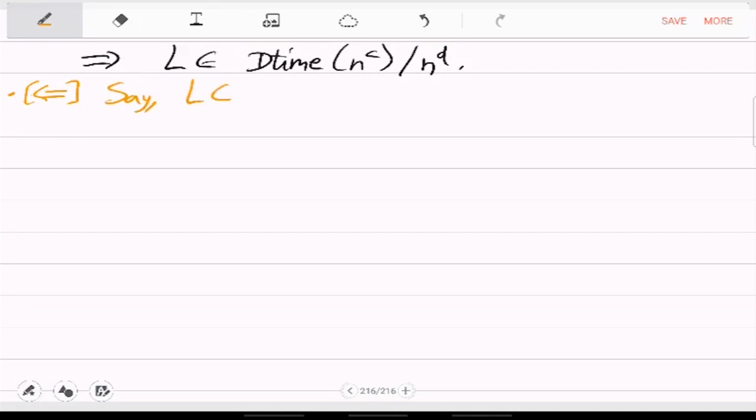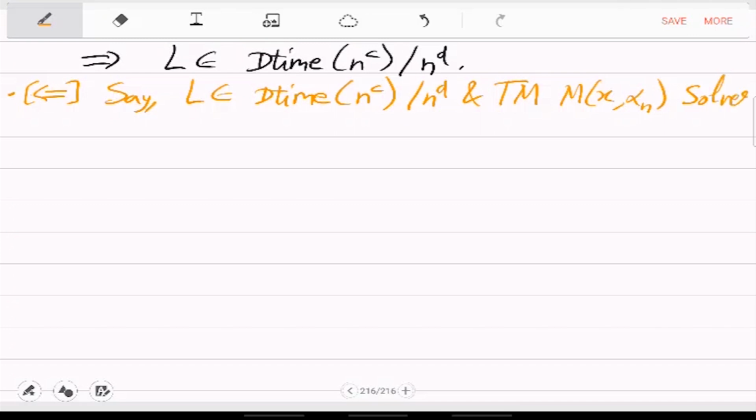And let us do the converse. Say L is in DTIME(n^c)/n^d. How do we show that L is in P/poly? From a Turing machine, we need to go to circuits now. So the Turing machine M(x, alpha n) solves the x in L problem.